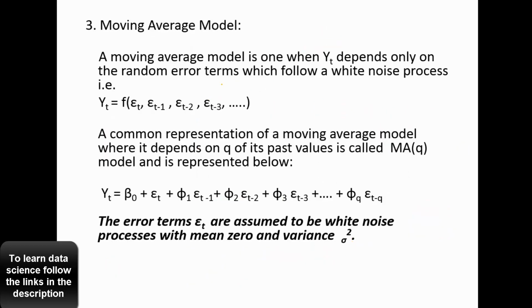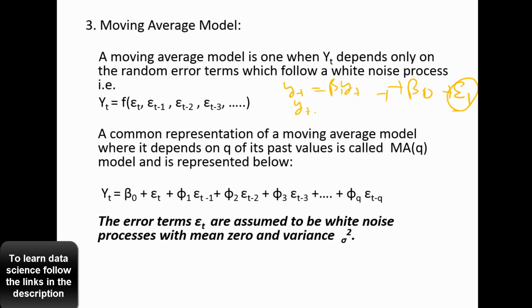Next type of models are known as the moving average models. The moving average models are the ones where you forecast by taking the error terms. So if you do a regression of Yt with Yt minus 1, with say beta 1 plus beta naught, you will get an error 1.